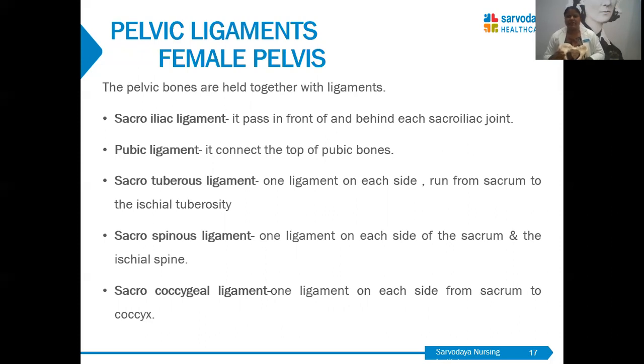What are ligaments? Ligaments hold the pelvic bones together, meaning the attachment of bone to bone is called ligaments. So there are a total of 5 ligaments. First one, the sacroiliac ligament, then the pubic ligament, sacrotuberous ligament, sacrospinous ligament and sacrococcygeal ligament.